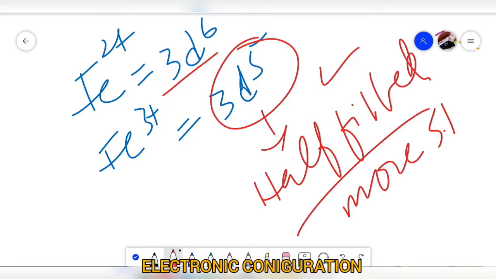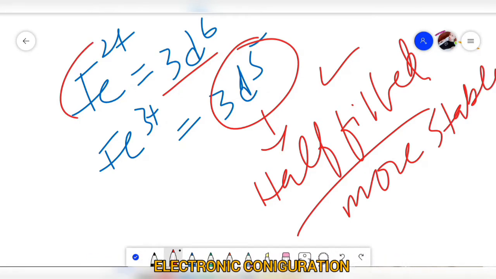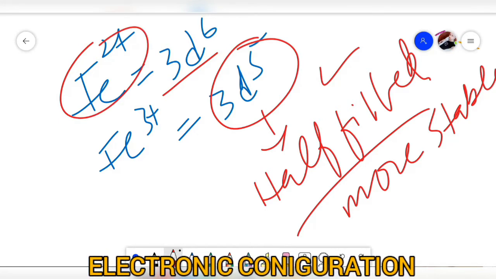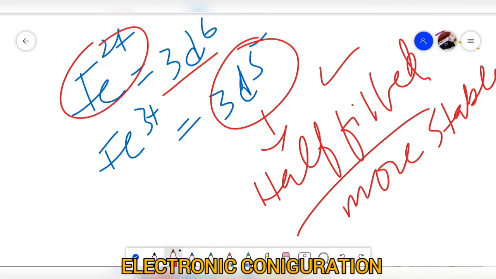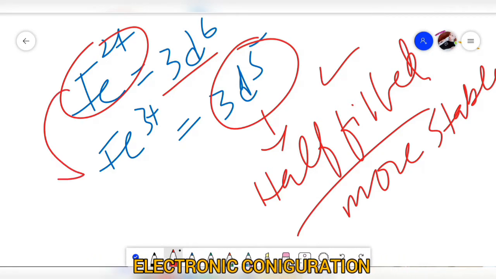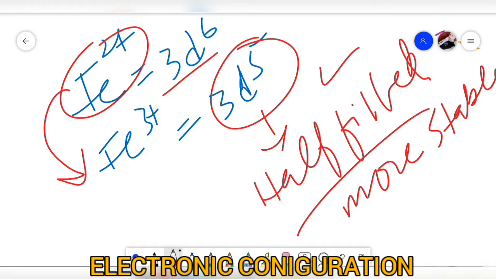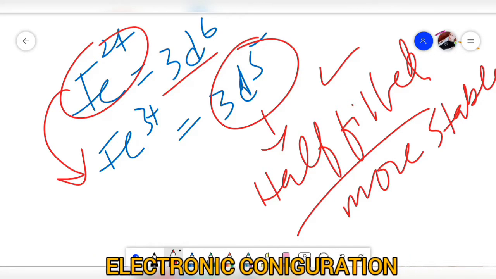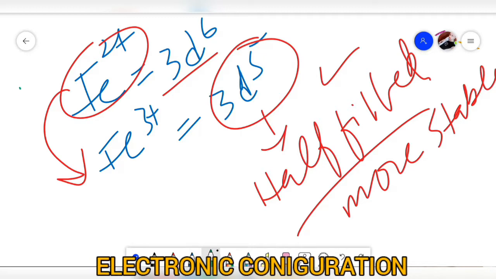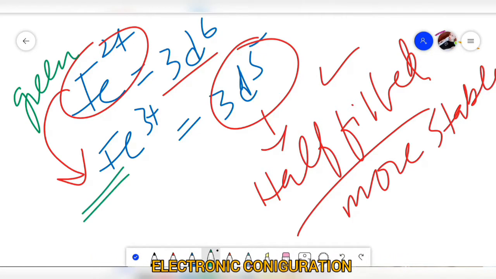That's why when you keep a substance which is having Fe2 plus, for example iron 2 sulfate, open in a beaker, after some time it is converted into iron 3 plus. The color for iron 2 plus is green, and the color for iron 3 plus is brown.